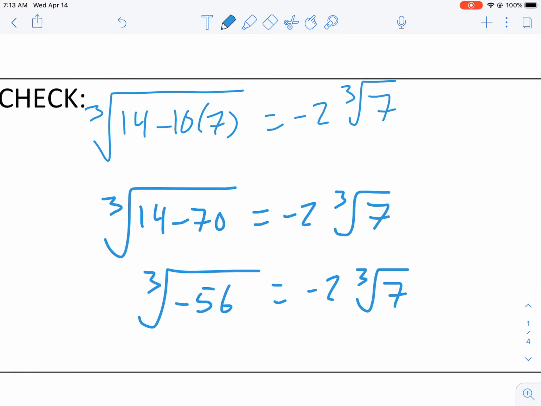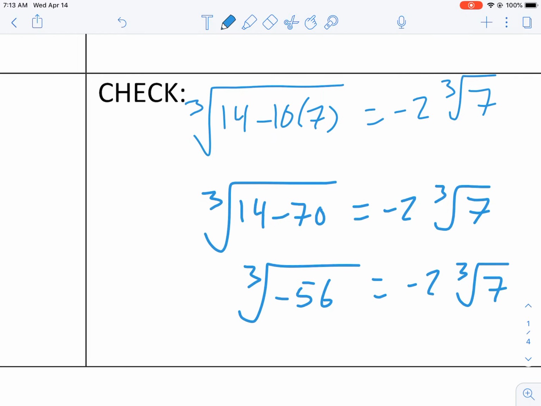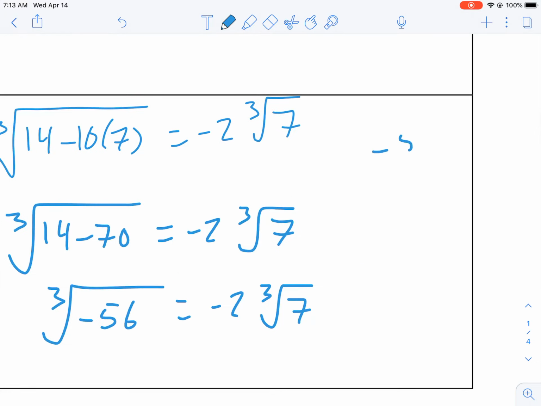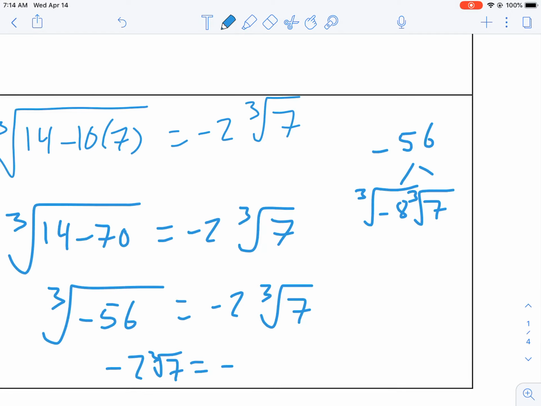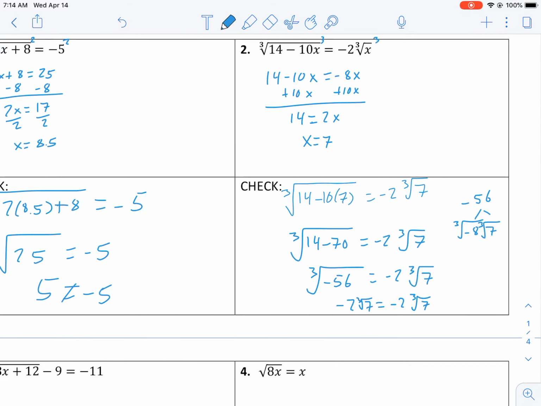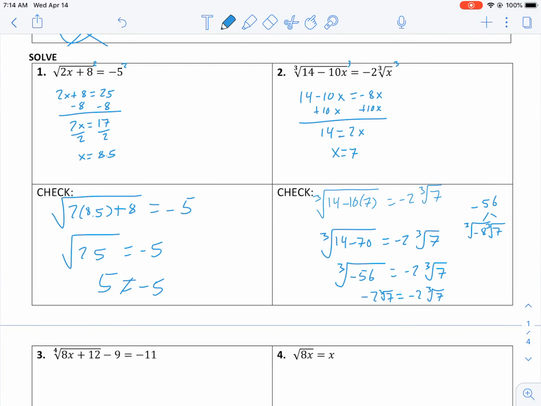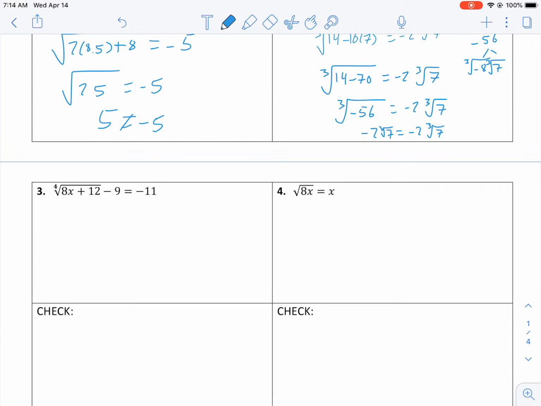So see, this does work because negative 56 can be broken up into negative 8 and 7, and the cube root of negative 8 is negative 2. So this is negative 2 cube root of 7 equals negative 2 cube root of 7. So you're not going to get an extraneous solution with a cube root. That's what I'm telling you.